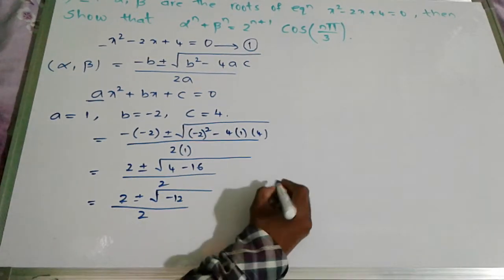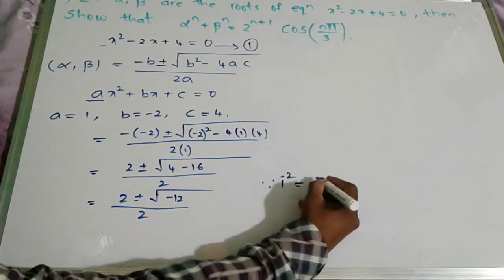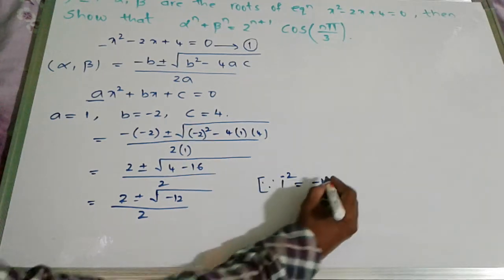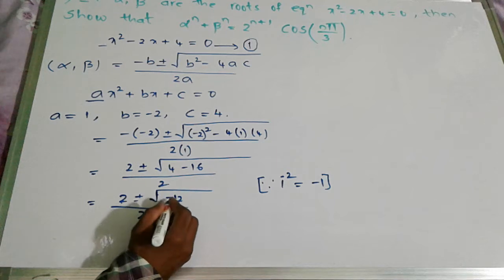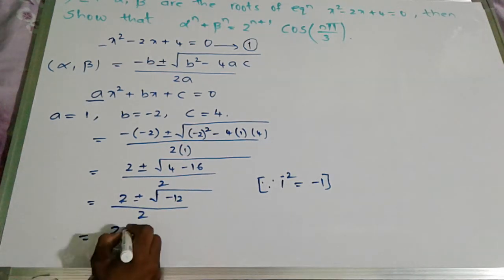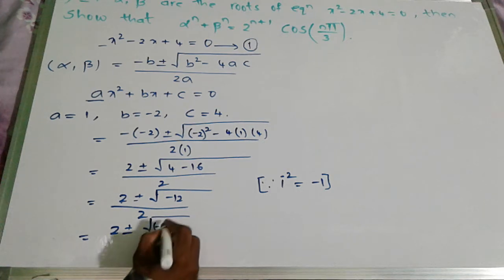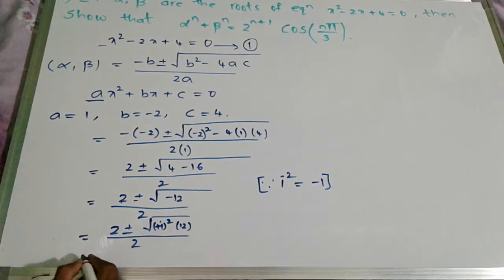Here, see guys, as you already know, i square equals minus 1. So we can replace this minus 1 as i square. So I am replacing here 2 plus or minus under root minus 1 whole square, that is i whole square, of 12.